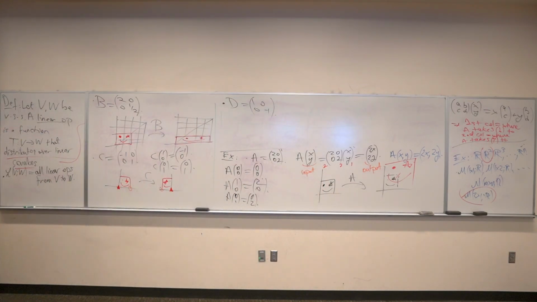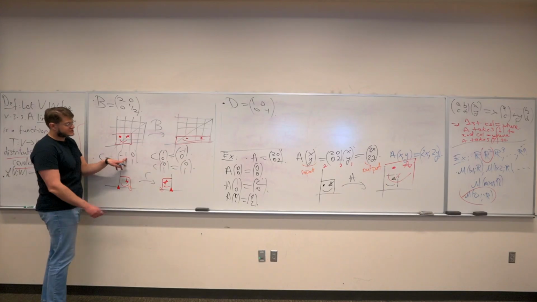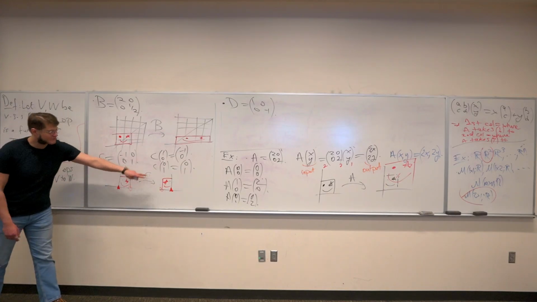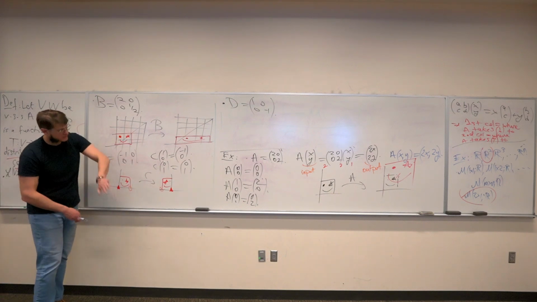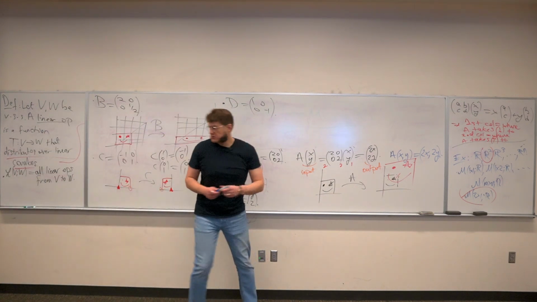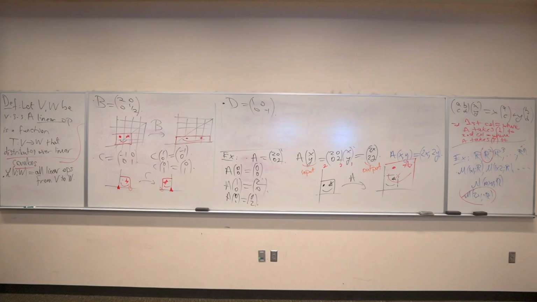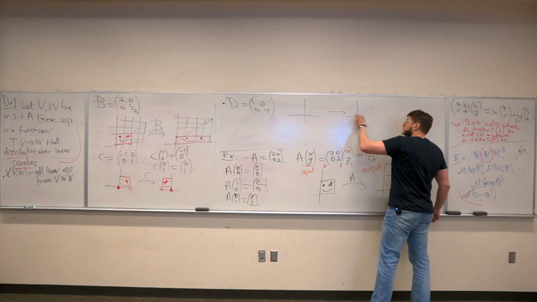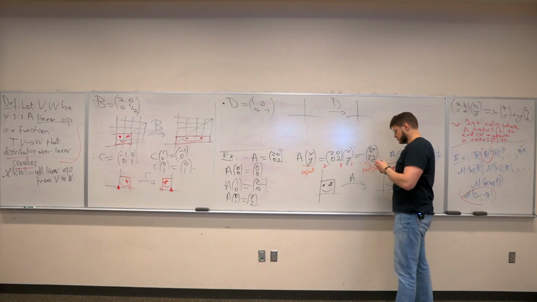Any guesses? Someone who hasn't spoken so far? Yeah. Just flip along the x-axis. Exactly, right? So instead of changing the x, you change the y this time. It's pretty much the same, but instead of flipping this way, you're going to flip this way. Good. That's your D.